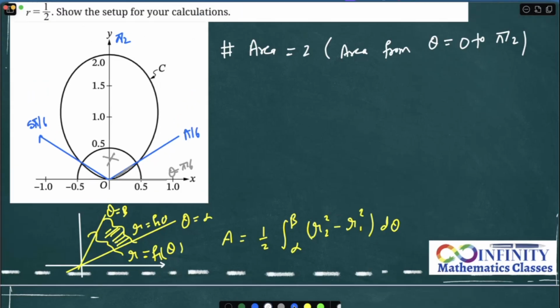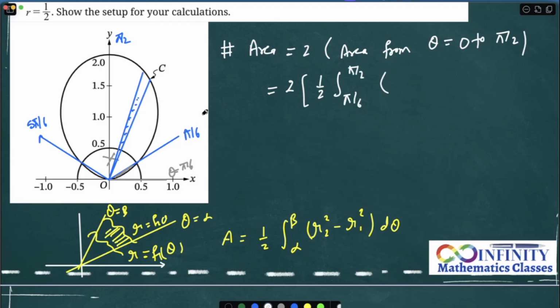So it is clear that the intersection is at pi by 6. And from pi by 6 to pi by 2, if you take a strip, this is going to be the elementary strip. So from pi by 6 to pi by 2, I can easily get the area using the formula I told you. It is going to be 1 by 2 integration from pi by 6 to pi by 2.